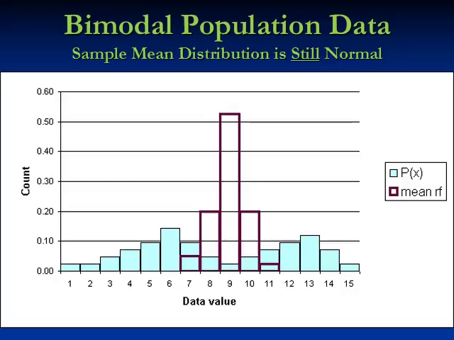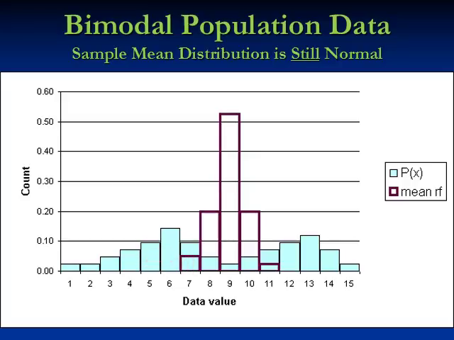But now, what have we done here? We've taken a whole bunch of samples from this population, and for each sample that we took, we took the mean, and we started graphing the means of the samples.